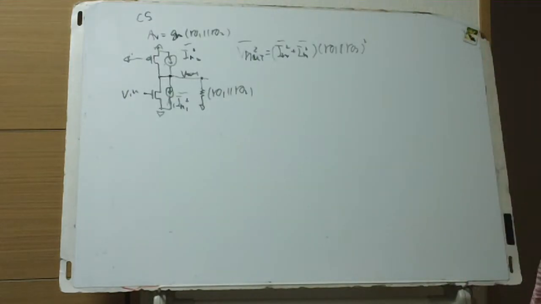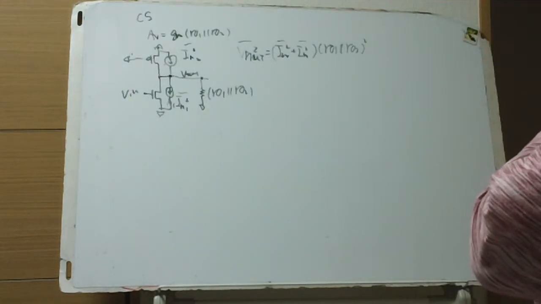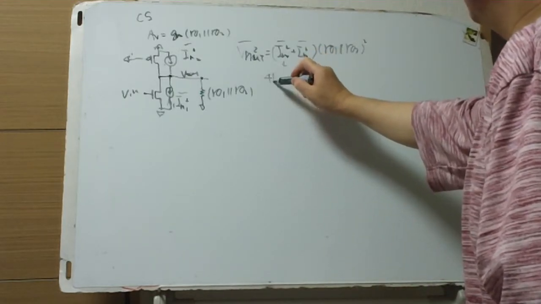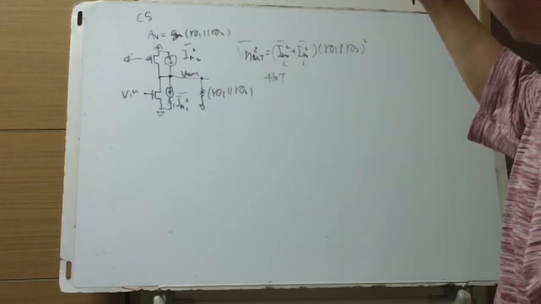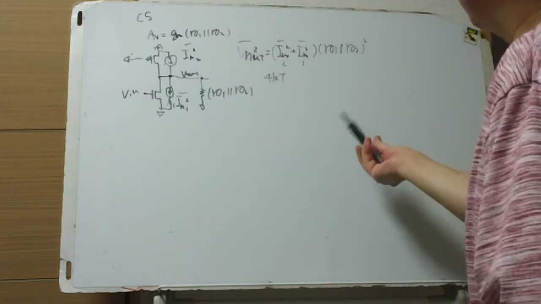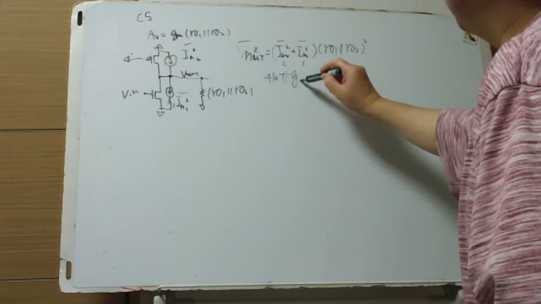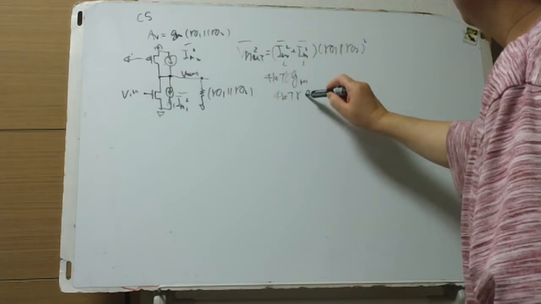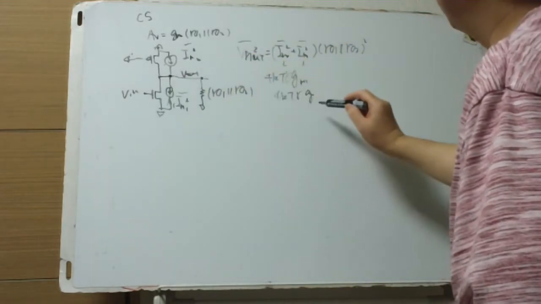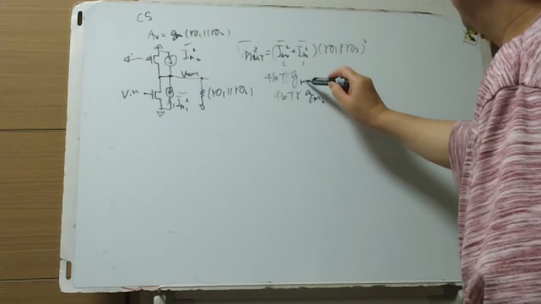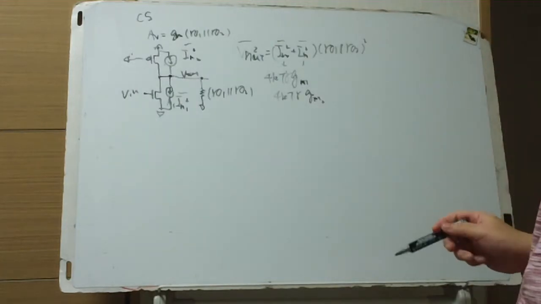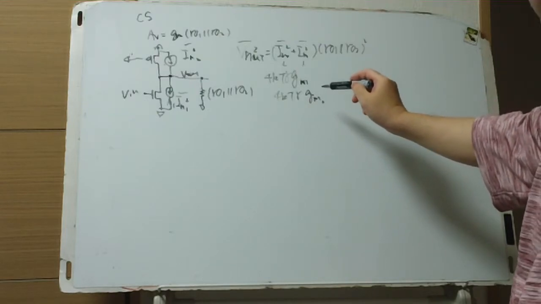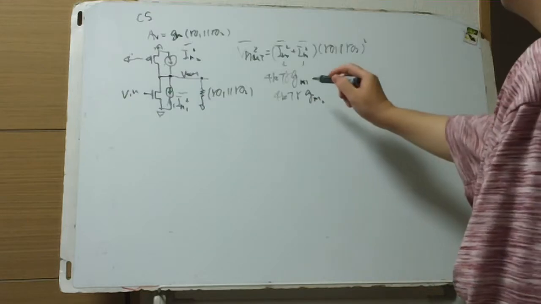This is in volt squared per hertz, and these are 4kT gamma gm1 and 4kT gamma gm2 for the P channel. gm1 is for the N channel, and gm2 is for the P channel.